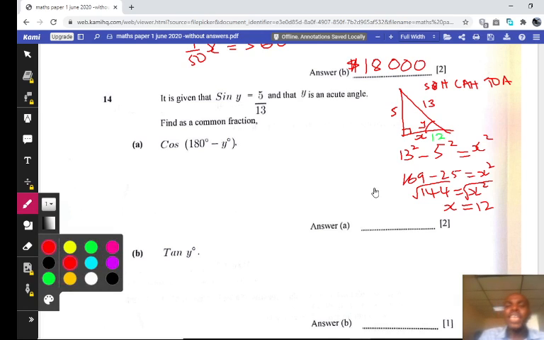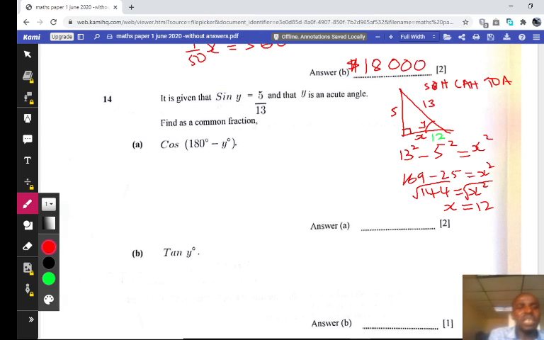Now in all workings, we are using this small triangle that we've drawn, with the sides that we've labeled. So to find cos of 180 minus y, what you do is you find cos y. The relationship, if you can find your calculator, maybe you can prove it. Cos y is acute, and 180 minus y is obtuse.